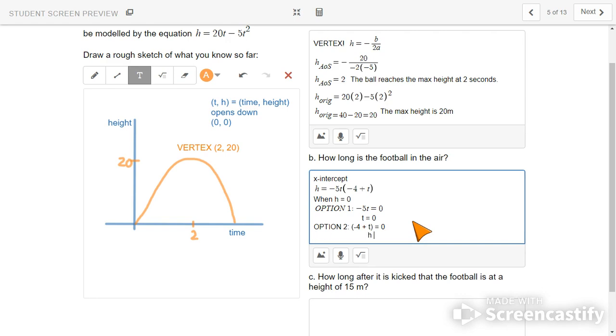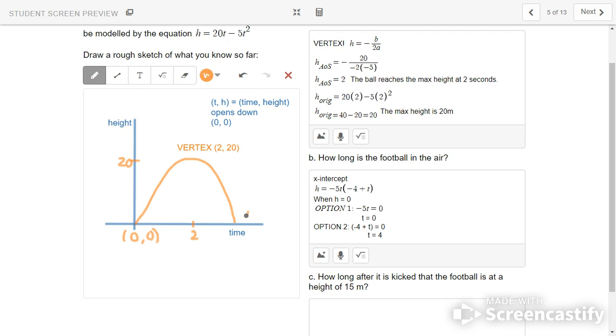And when we rearrange it, we have t is equal to 4. Okay, so that tells us my x-intercepts. I have a 0, 0, and the other x-intercept is at 4, 0. So how long is the football in the air? It was up in the air for 4 seconds.